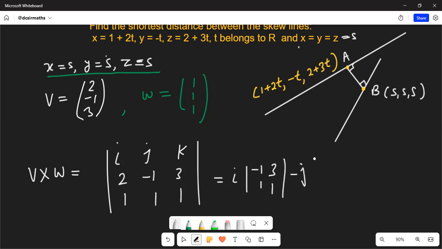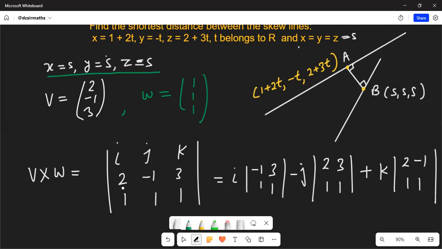Minus j times, take away the row and column of j, so this and this are taken away: 2, 3, 1, 1. Plus k times, take away the row and column of k: 2, -1, 1, 1.